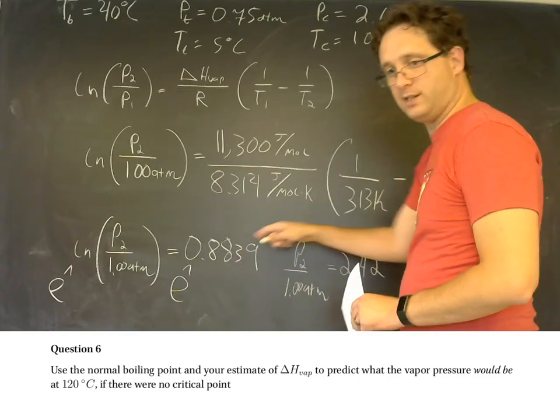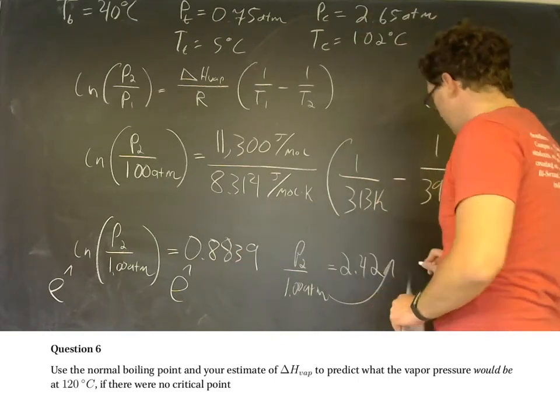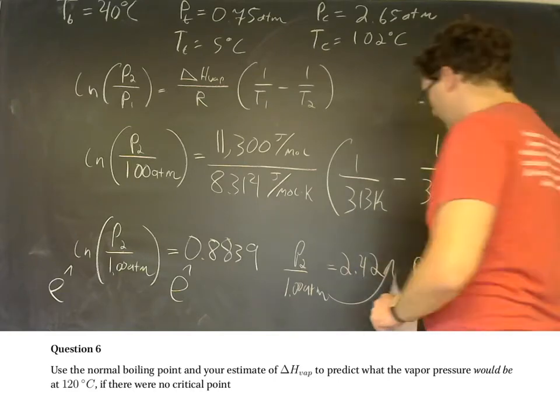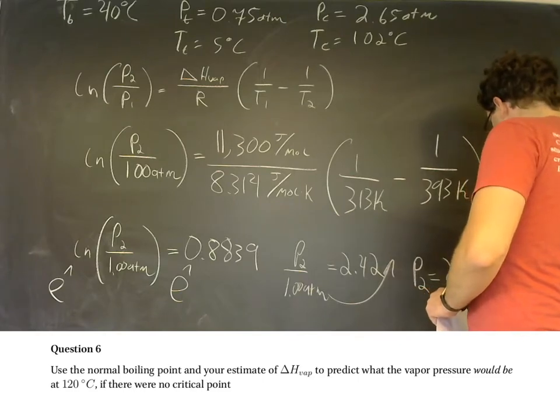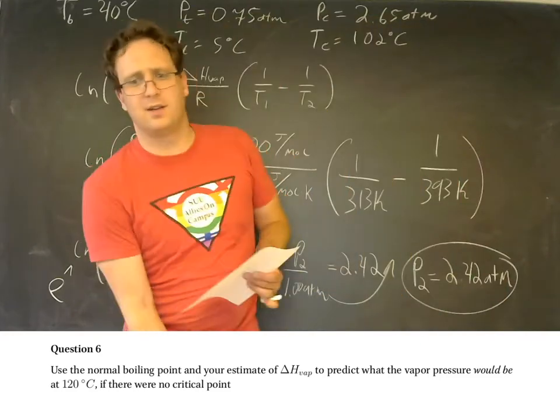That's e raised to the power of 0.8839. And then we'll just bring the 1 atmosphere over here to get P2, because this is a unitless quantity again, and we have P2 is 2.42 atmospheres, and that is the solution.